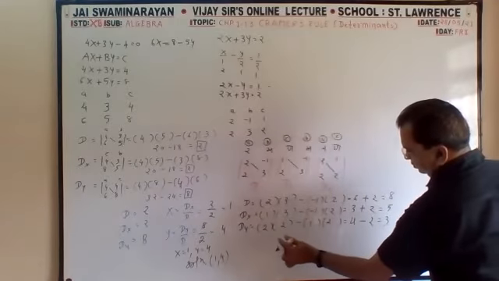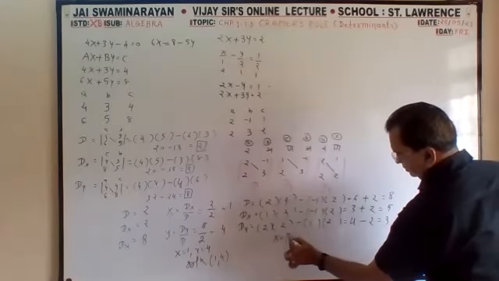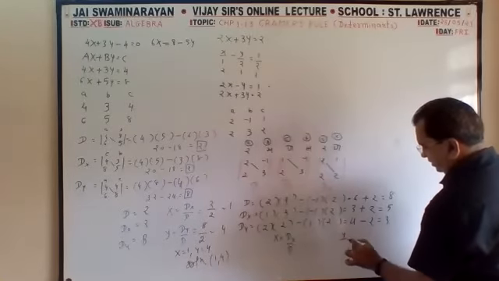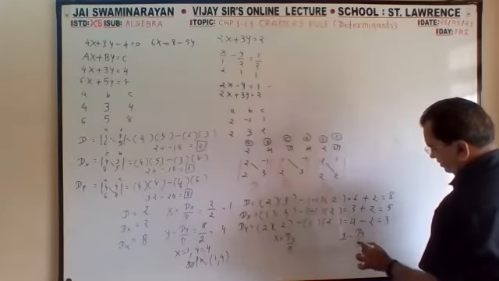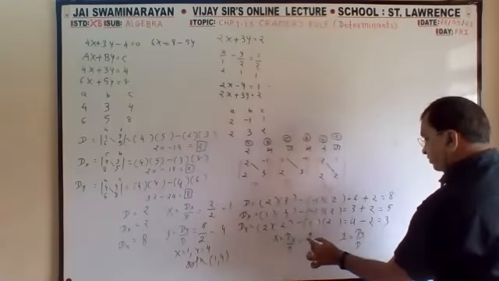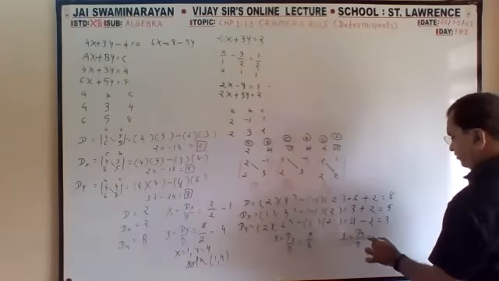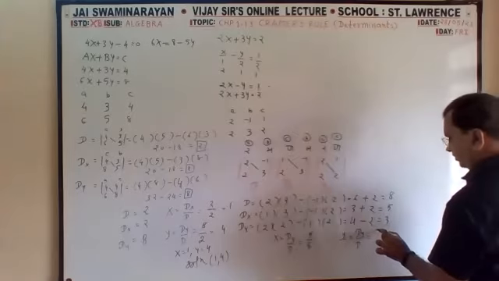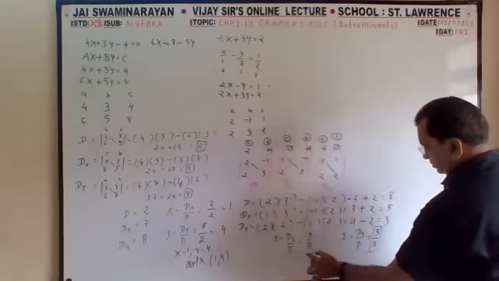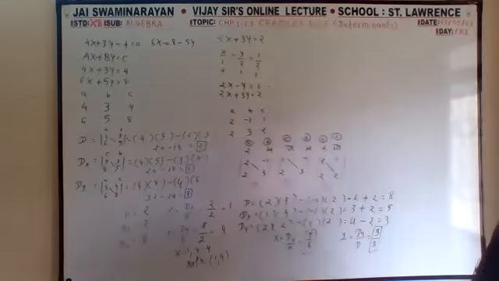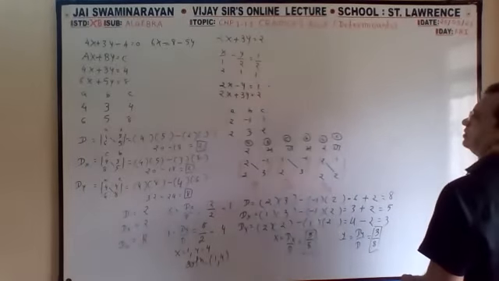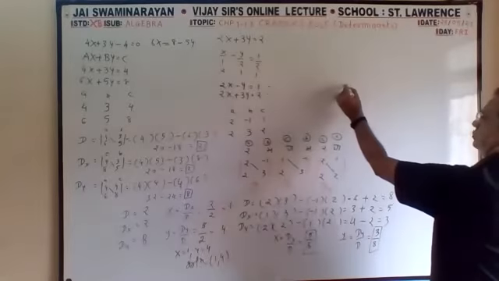So x is Dx by D, y is Dy by D. Dx is 5 by 8, Dy is 5 by 8, so 5 by 8.